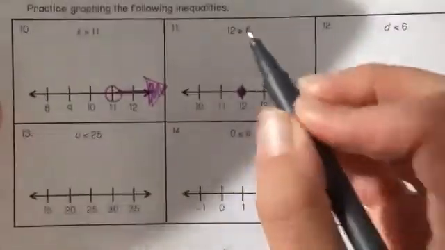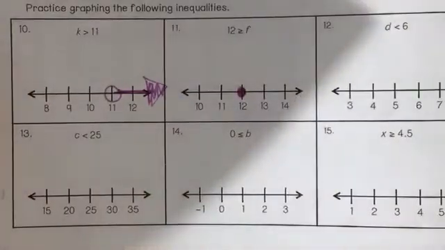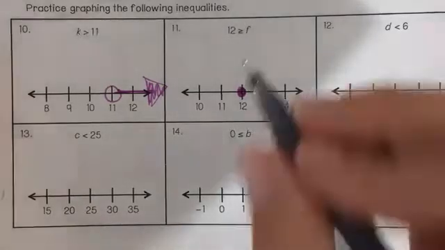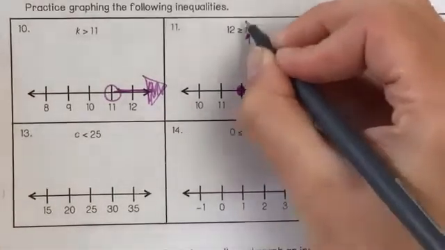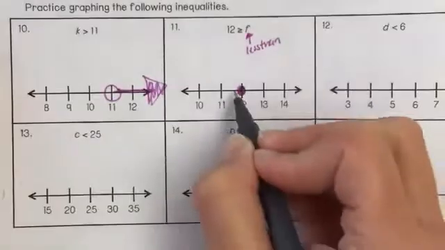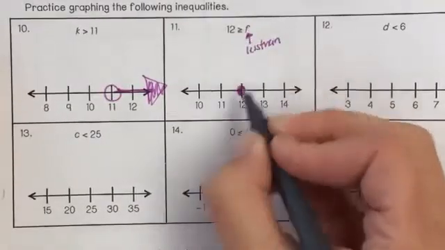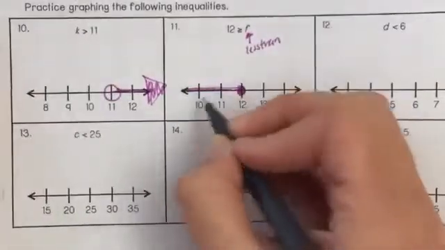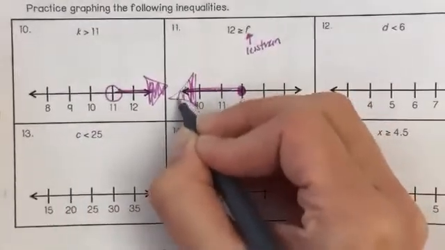Now this one, they switched which side of the inequality the variable's on, but I know that f is less than. So I have to shade the numbers that would make this true, which would be 11, 10, 9, this way.